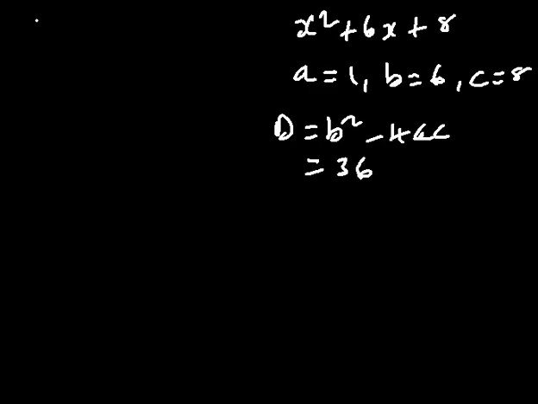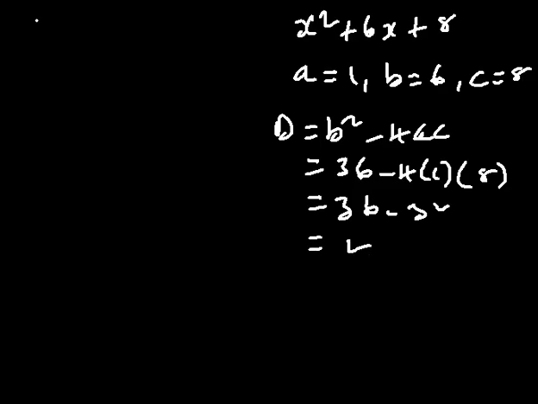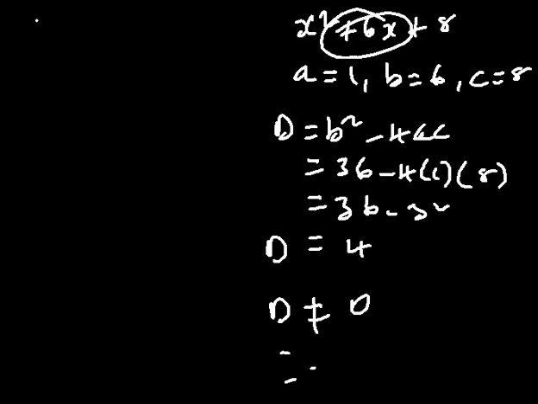Then negative 4 times a, which is 1, times c, which is 8. So we have 36 and negative 4 times 1 times 8, that is negative 32. As you can see, the discriminant is not equal to 0. Since the discriminant is not equal to 0, this is not a perfect square.